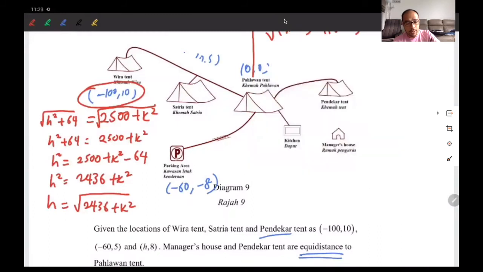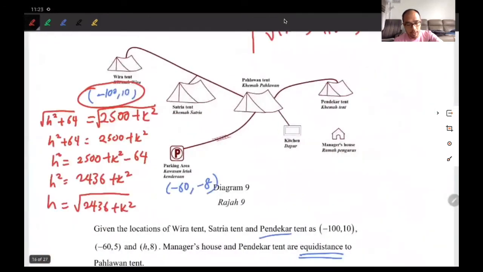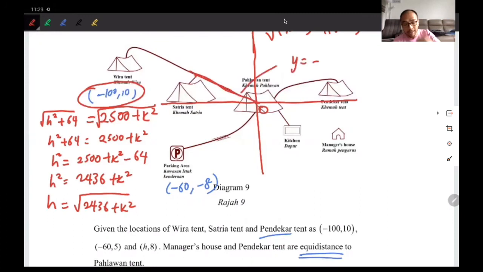So, what it is asking is this: there is a straight path between Satria and Pahlawan. If Pahlawan is 0, so this is 0, there's this straight path over here, which we already counted. This is y equals negative 1 over 12x.